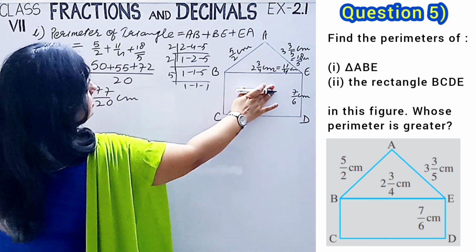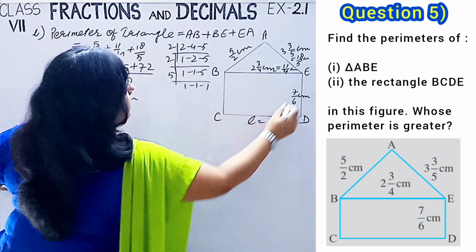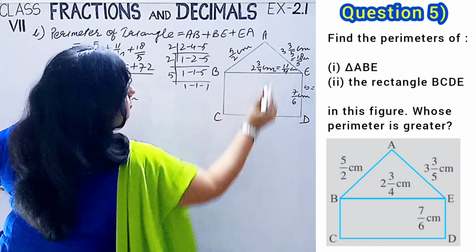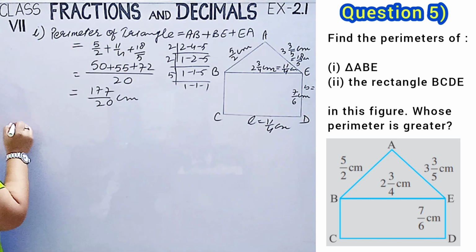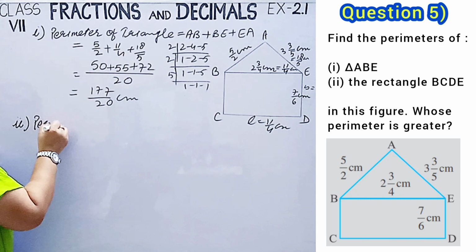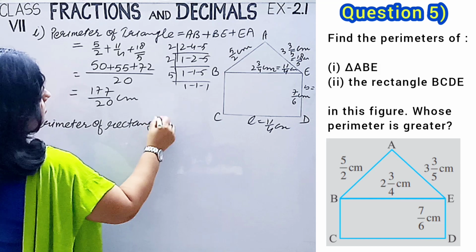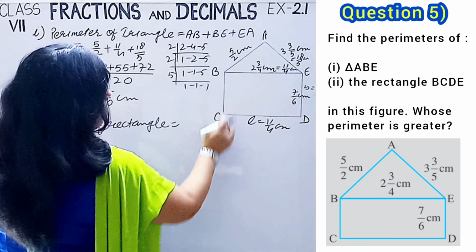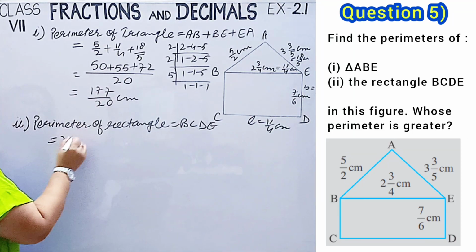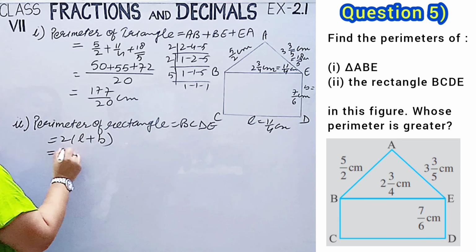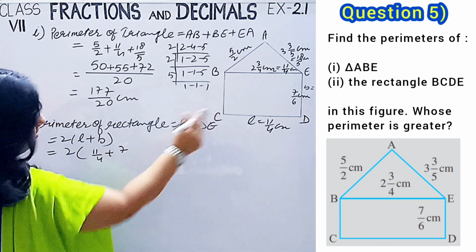Now coming to this rectangle. The perimeter of a rectangle is 2 into L plus B. L is 11 by 4 centimeter and B is 7 by 6 centimeter. Second, the perimeter of the rectangle BCDE. So 2 into L plus B: 2 into 11 by 4 plus 7 by 6.